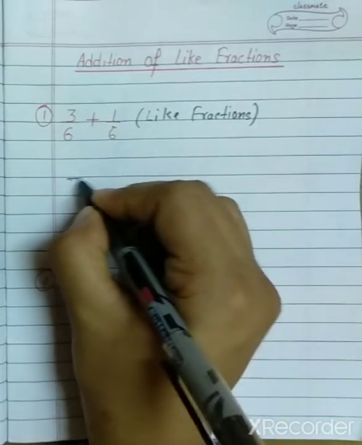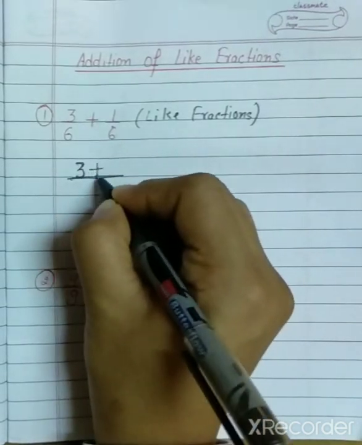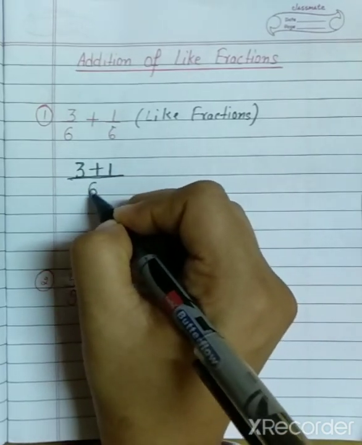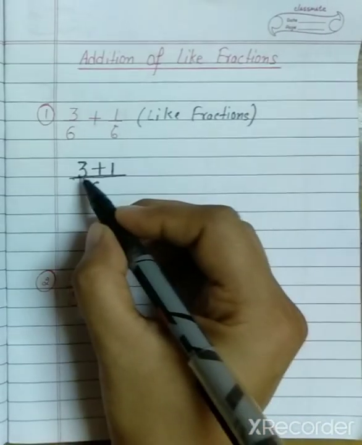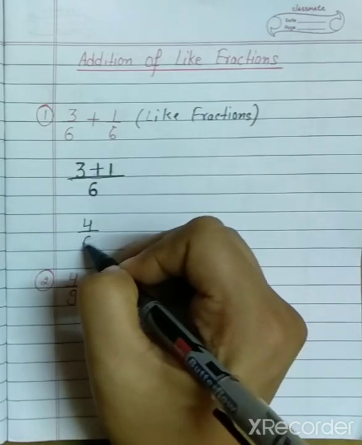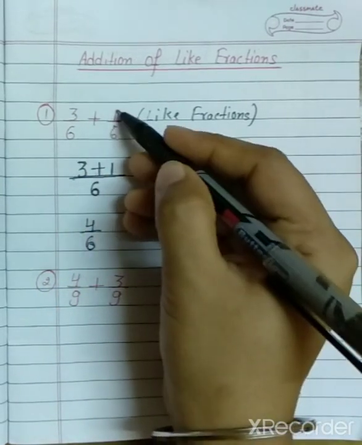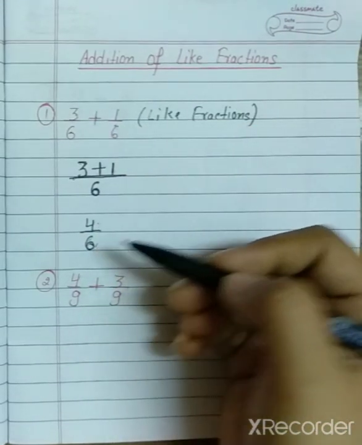We will just add the numerators and retain the denominator as it is. 3 plus 1, 4, and denominator is 6. So, 3 by 6 plus 1 by 6 is equal to 4 by 6.